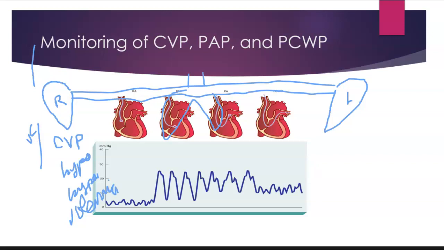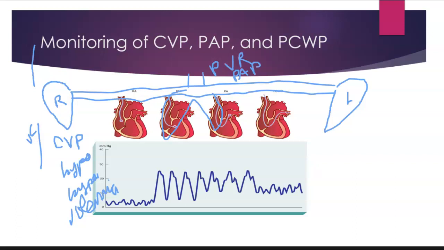Here in my lungs, when we're assessing our lungs, we're looking at our pulmonary vascular resistance and our pulmonary arterial pressure, our mean pulmonary arterial pressure. These are the pressures in the vessels in the lungs, and that reflects our lung health.